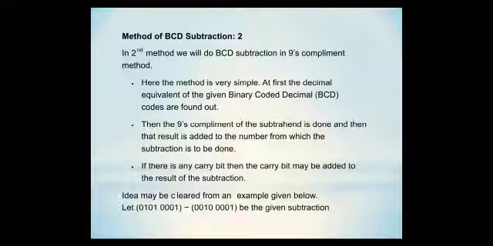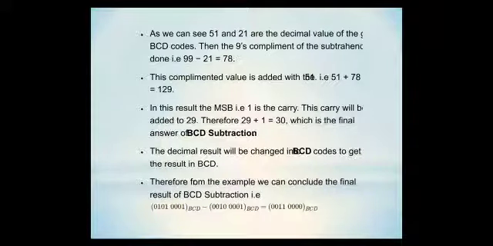Here I am taking two binary equivalent values to subtract. As we can see, 51 and 21 are the decimal values of the BCD codes. Then the ninth complement of the subtrahend is done, that is 99 minus 21. Finally we get the answer 78.